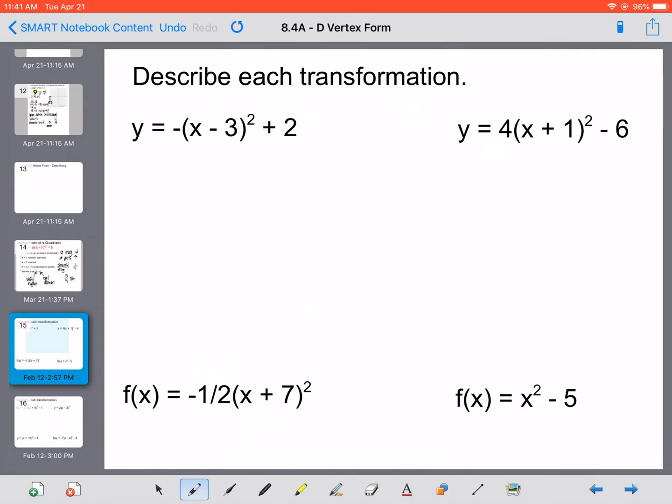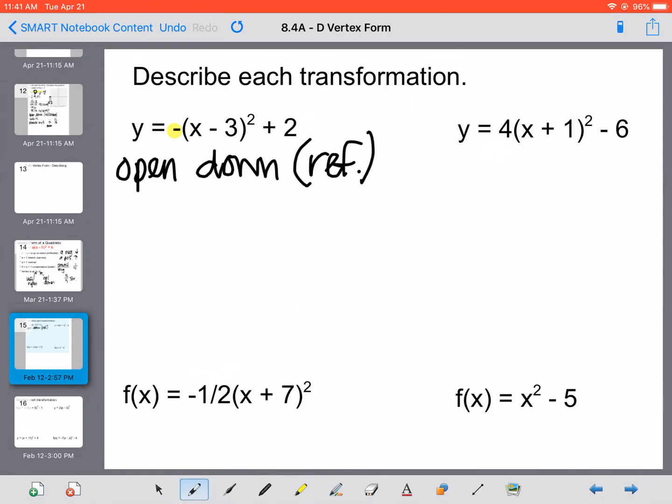The first thing we look at, I just look at it from left to right. The very first thing I see is a negative right there. So the negative tells me that I am going to open down, or another way we could say that would be reflected. The next part I see is the 3, which is my H, and then I have the 2.